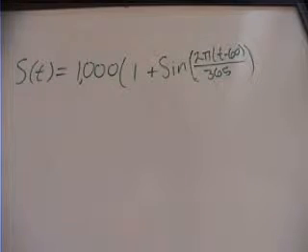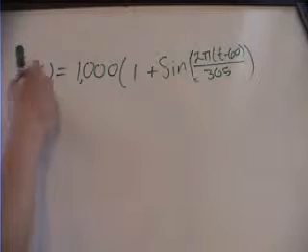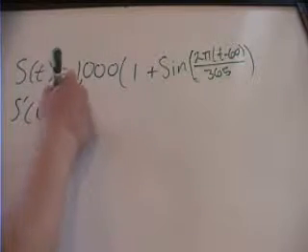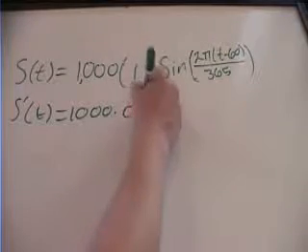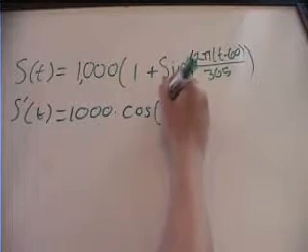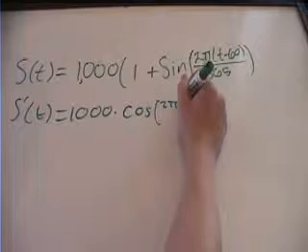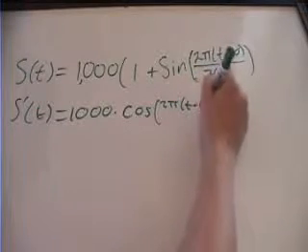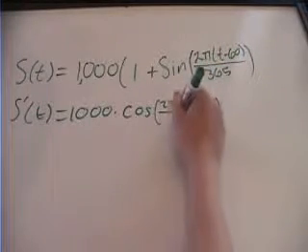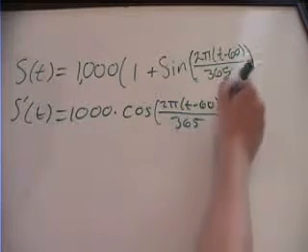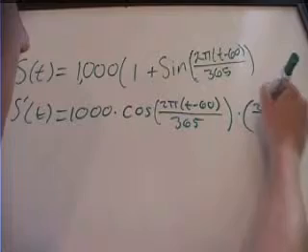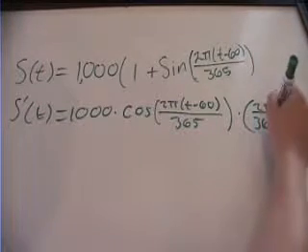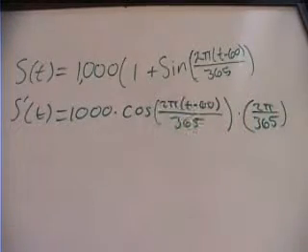Well, what you should have gotten was s prime of t equals 1000 times the cosine of 2 pi times t minus 60 over 365, multiplied by 2 pi over 365.